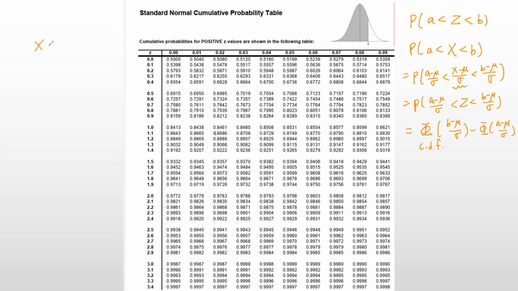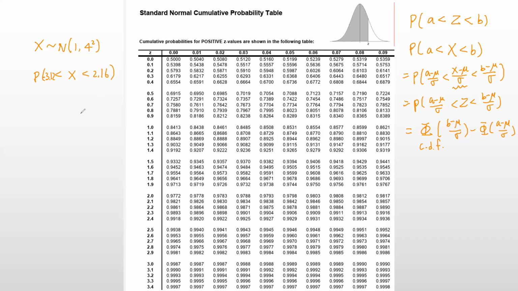So X has a normal distribution with mean 1 and variance 4 squared. We try to figure out the probability of X greater than negative 3.12 and less than 2.16.